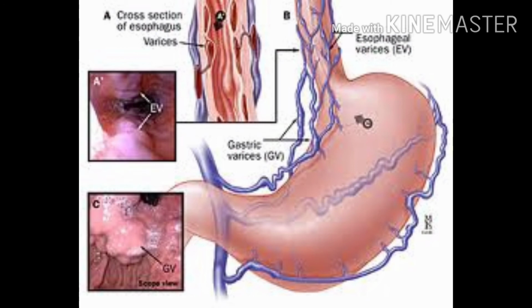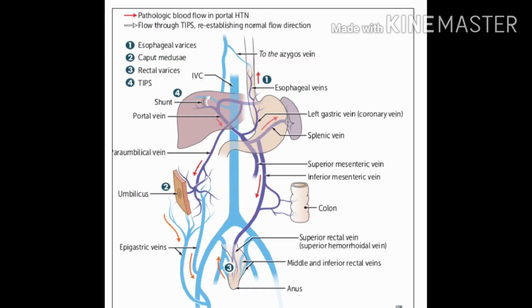Clinical anatomy of esophagus. Number 1. Esophageal varices. The lower end of the esophagus is one of the important sites of portocaval anastomosis. In the portal hypertension, due to the cirrhosis of the liver, there is back pressure in portal circulation.